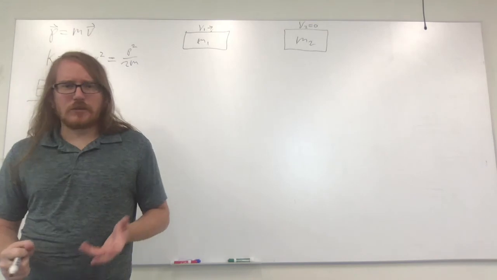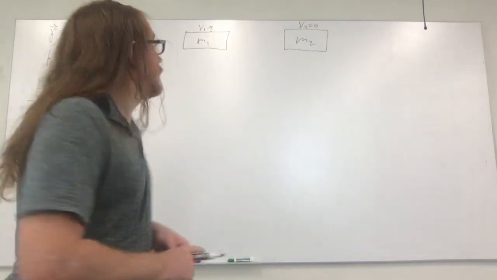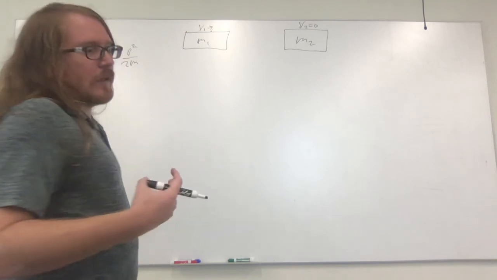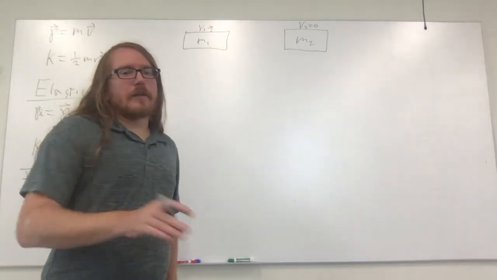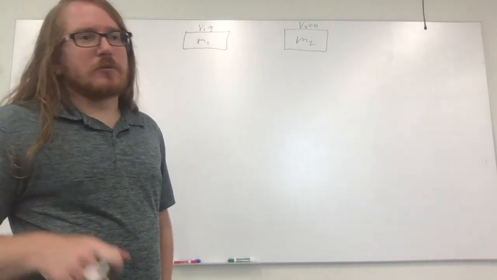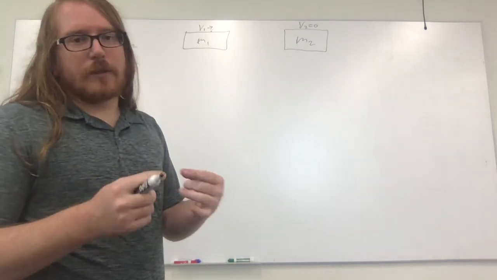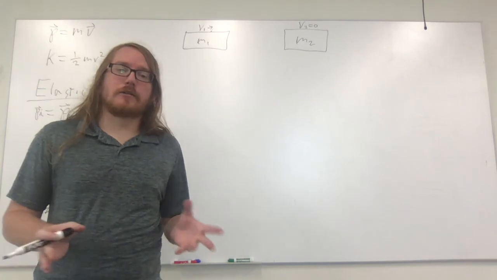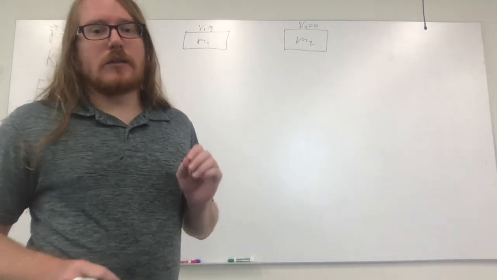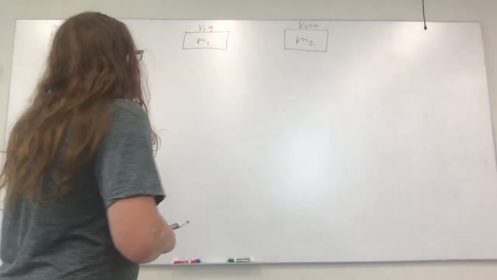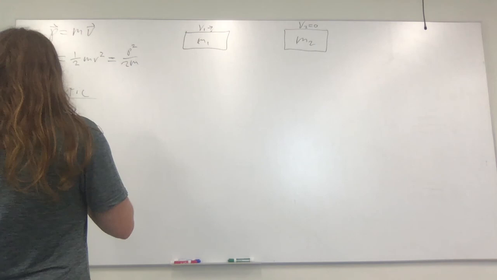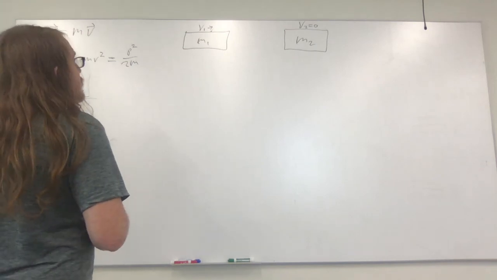But there are certain things that are pretty well approximated by elastic collisions. Atomic and subatomic interactions a lot of times are elastic. If you shoot two electrons at each other, if it's high enough energy, it will become inelastic. But at low energies, that is an elastic collision that you'll get, or any charged particles that you shoot at each other.